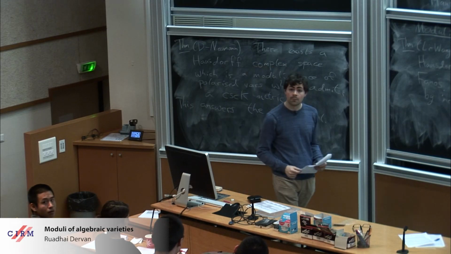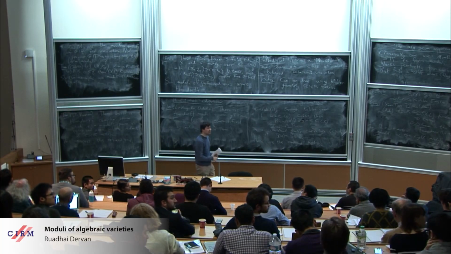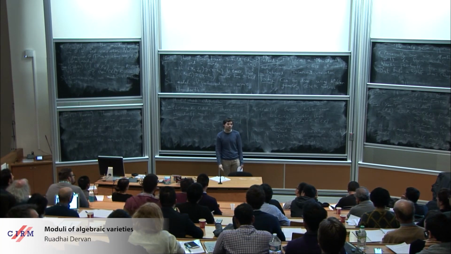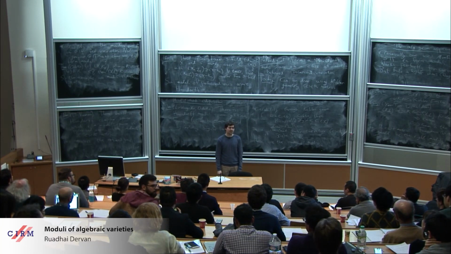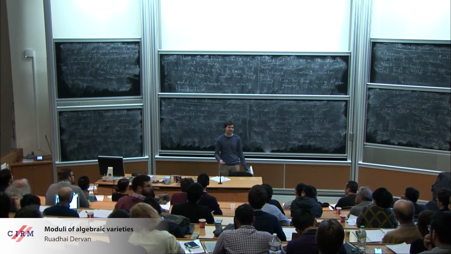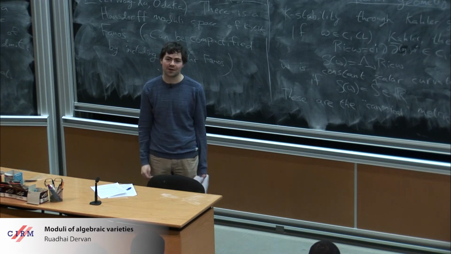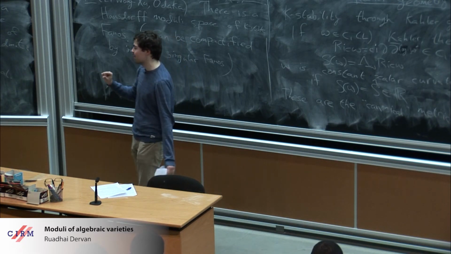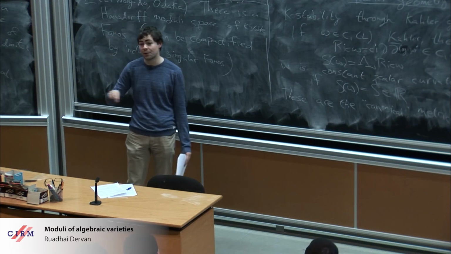Yep. You want to fix some discrete invariant? Oh yeah, I'll just get some massive moduli space otherwise. Yeah, so typically. For complex space, it might be okay. If you don't fix, say, the dimension, you'll get some countable family. If you don't fix the Hilbert polynomial, you'll get disconnectedness as well. Typically, you should fix some polarized variety you actually care about and just consider the connected component there.